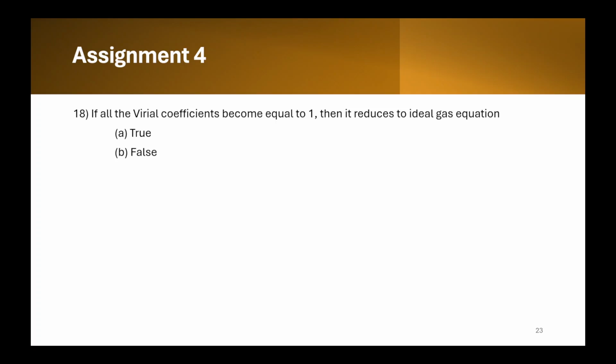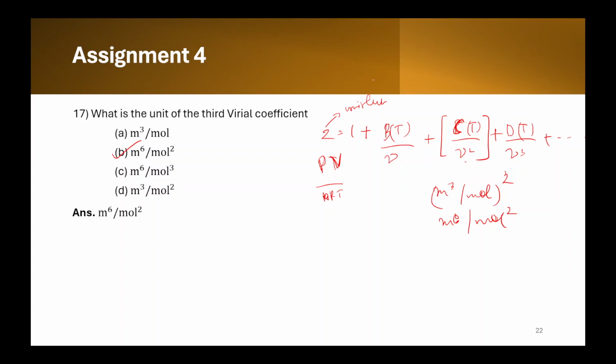If all the coefficients of the virial equation become 1, will it be equal to the ideal gas equation?